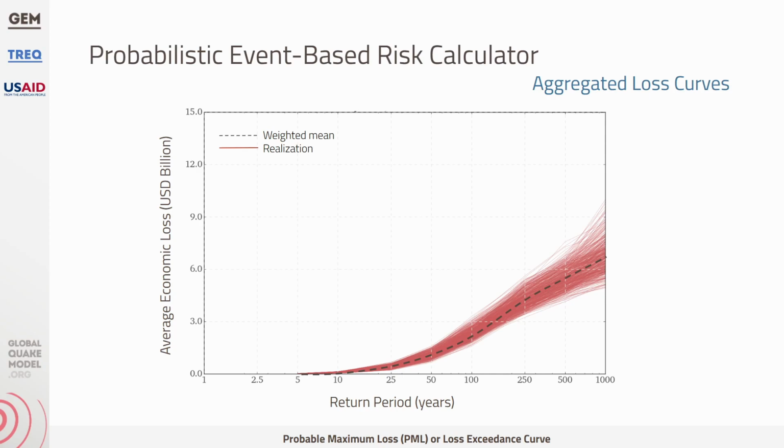So, for example, before choosing the level of insurance coverage, governments can decide if they would prefer to be insured for very frequent losses that can come but are low in impact, right?